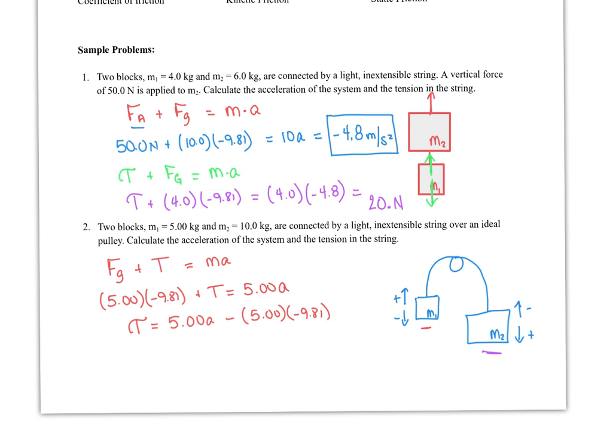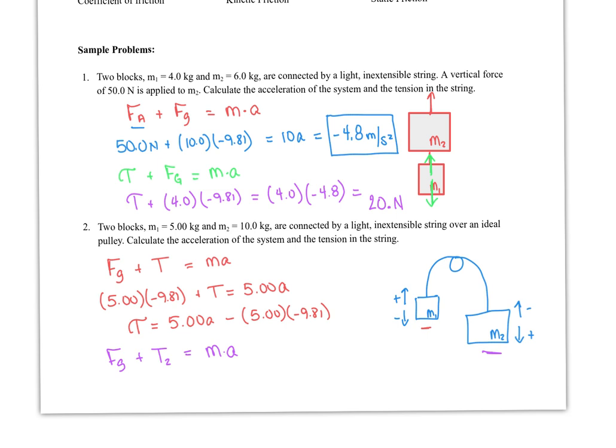The things acting on this, again, is going to be that force of gravity plus that tension, all right? And we'll talk about what that tension means. This is a second tension. That is going to equal the mass of that box times its acceleration, which again will be the same acceleration.